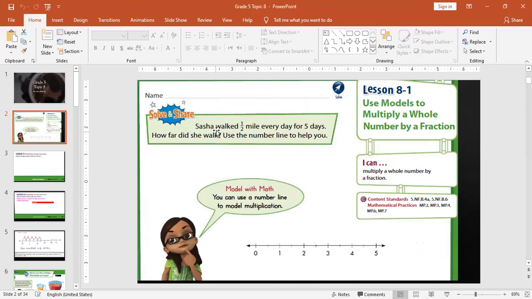So here I have Sasha walked half a mile every day for 5 days. How far did she walk? Use the number line to help you. So now I have this number line and I have the information that Sasha walked half a mile for 5 days.